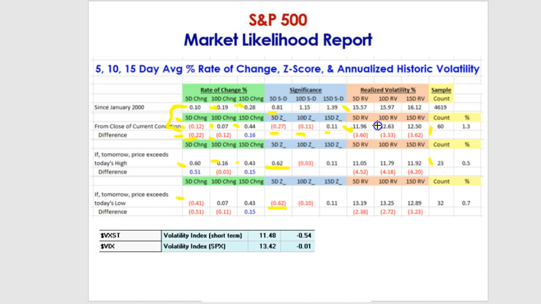We're looking at something in the 12s typically. So it's a lower volatility level relative to the typical volatility in the broad market. If we break it out in terms of price exceeding the high of the bar on Friday or the low, it does make a difference. If it goes above the high, you're looking at something in the 11s. If it goes below the low, historically we've been in the 13s or so.